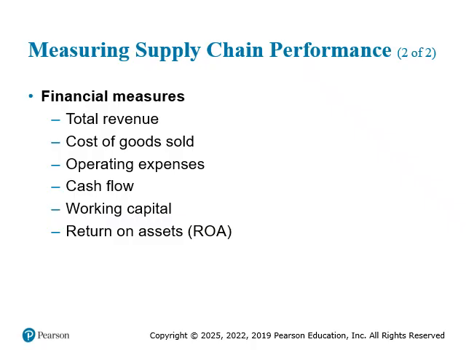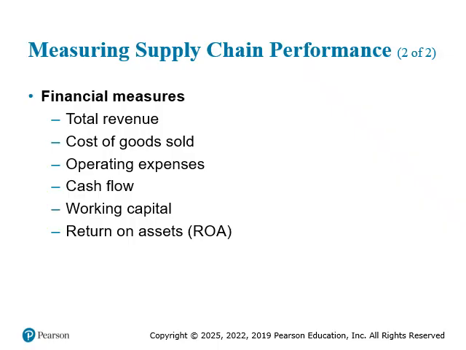When we look at supply chains, I was talking about learning objectives about improving or getting better results. And so we need to think about financial measures that are influenced by supply chain decisions. And among those, some of the keys are how much revenue a firm gets, total revenue.